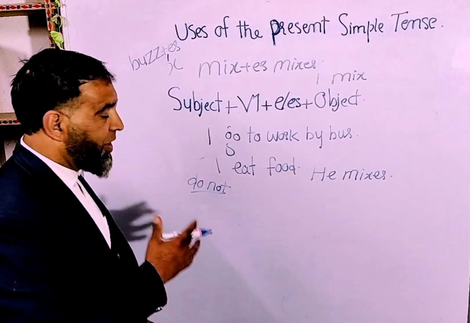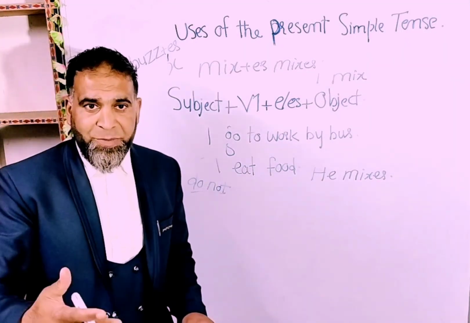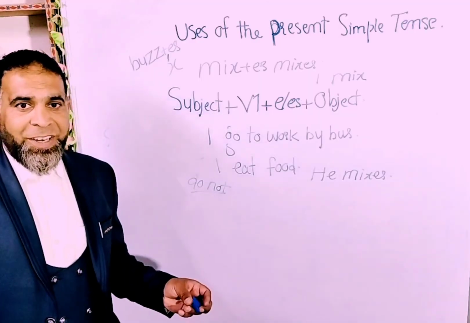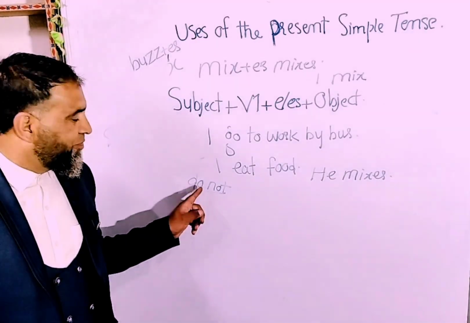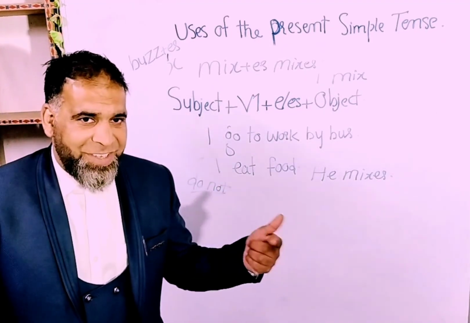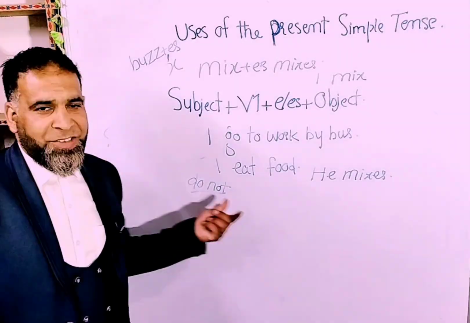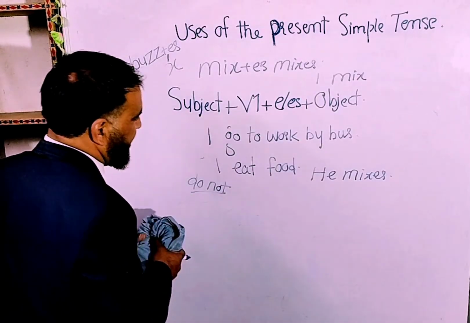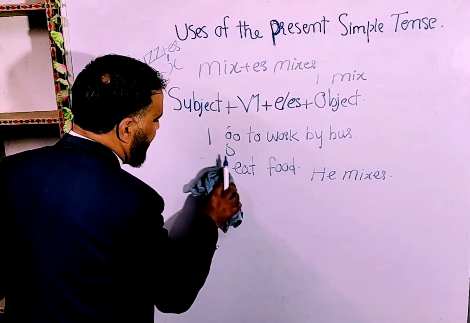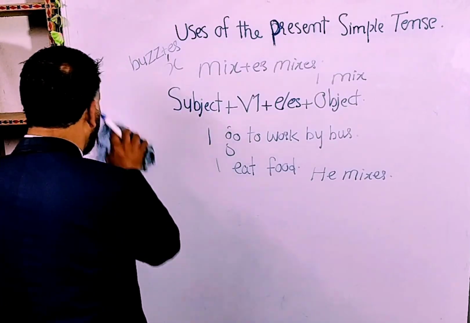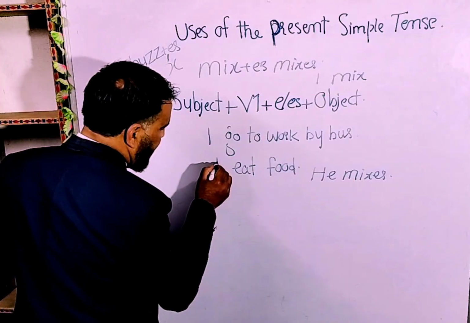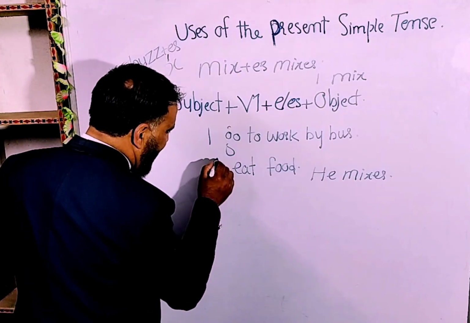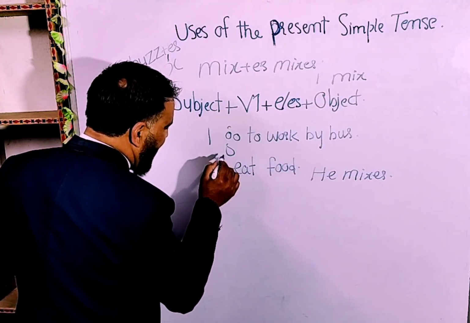And with he, she, it, nobody, everybody, somebody, we use does not. We learned this in the previous lesson. No need to learn it again. If you need this again, you go and watch that video again.